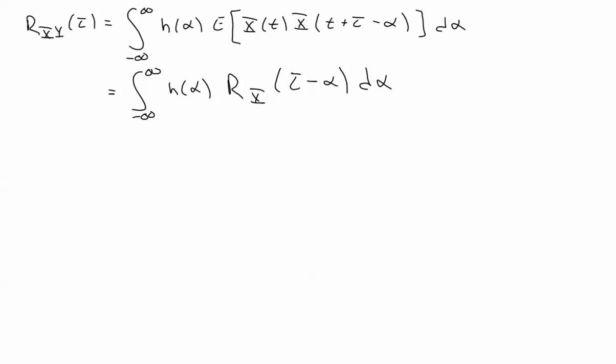So this expectation is really an expression of autocorrelation. You'll also notice that this last result, the second line on this page, is a convolution integral. This is the impulse response convolved with the autocorrelation.